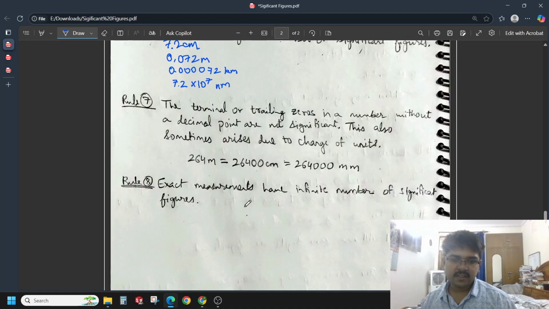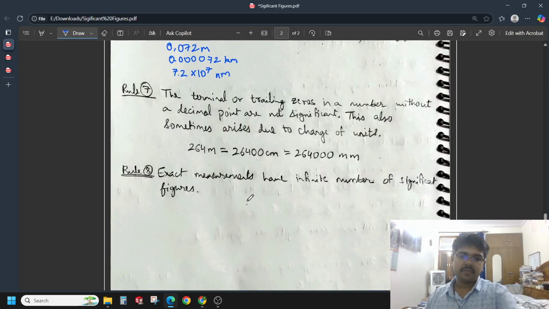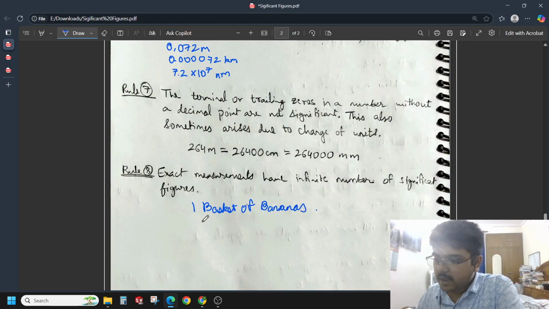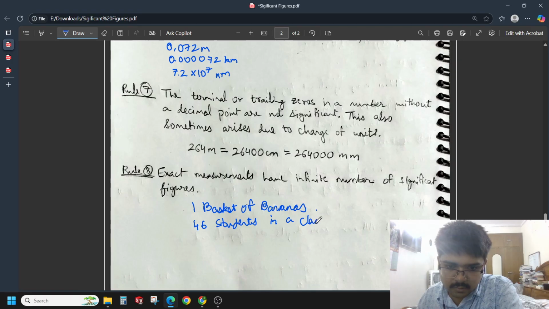Rule 8 states that exact measurements have an infinite number of significant figures. Suppose we have one basket of bananas, or 46 students in a class, or the value of pi, which is 22 by 7.